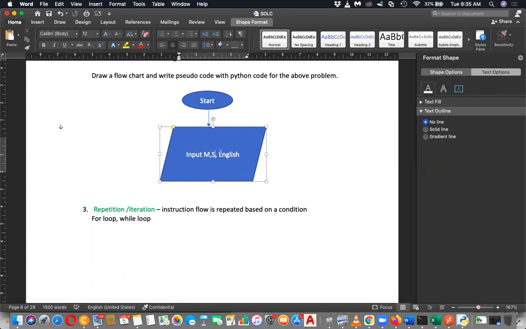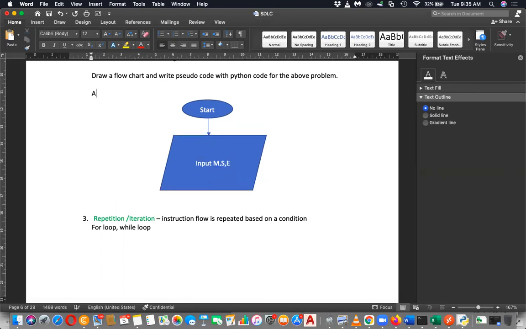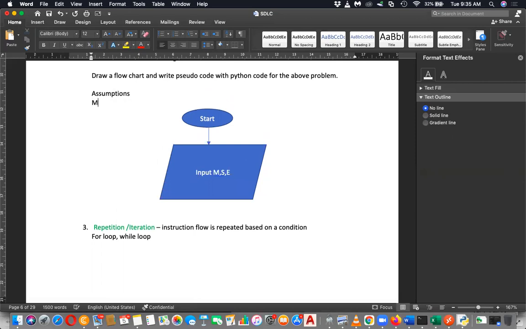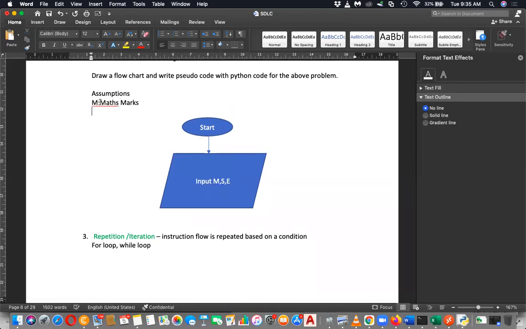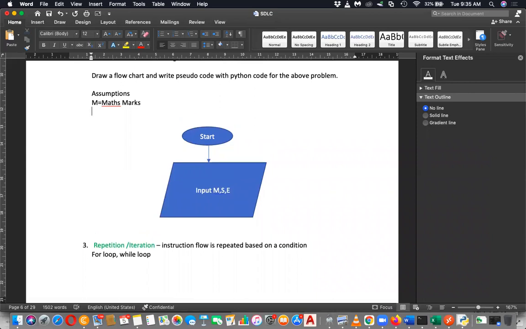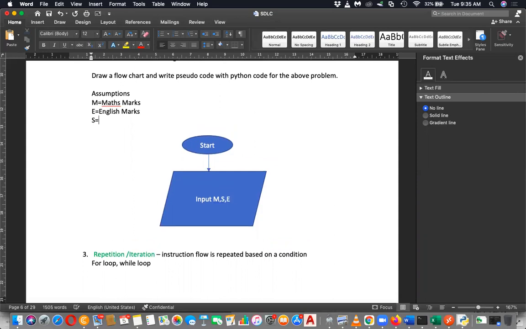But you have to mention the assumptions. Before you start the flow chart, you have to mention the assumptions. M equals maths marks, E English marks, and S science marks, otherwise it's lengthy.